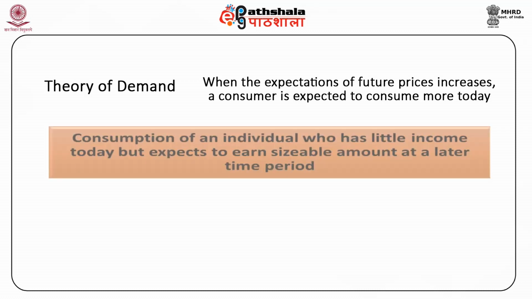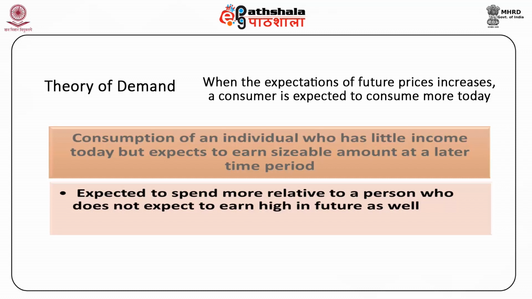The consumption of an individual who has little income today but expects to earn a sizable amount at a later time period is expected to spend more relative to a person who does not expect to earn high in the future as well.